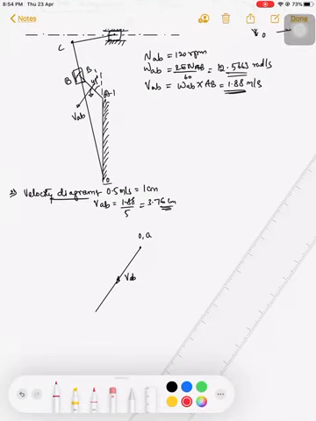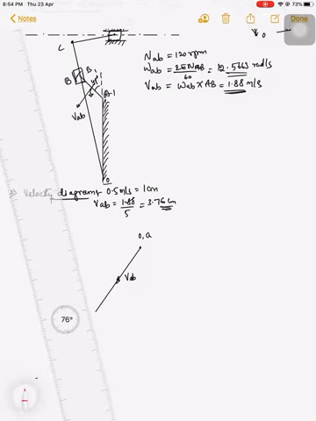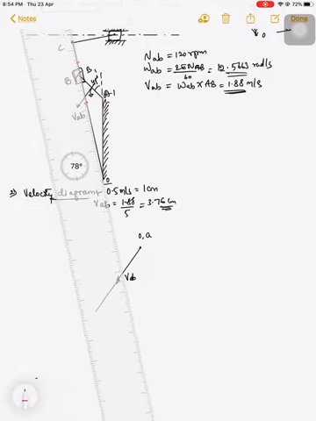Now let us consider the slider B1. This link has got a common point, that is B1. When the slider moves, it will move in this direction as well as in this direction. So the velocity will be seen along the line of stroke, but magnitude is unknown.